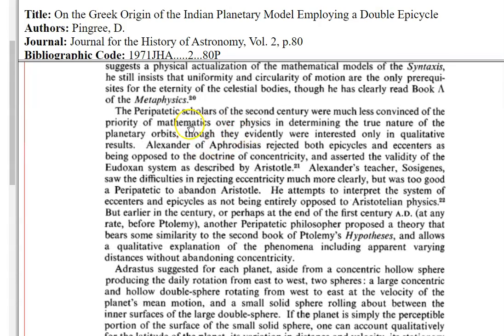And there, I would read here, the peripatetic scholars of the 2nd century were much less convinced of the priority of mathematics over physics in determining the true nature of the planetary orbits. Now, who are the peripatetic scholars? The peripatetic scholars are a group of people who believed in Aristotle.